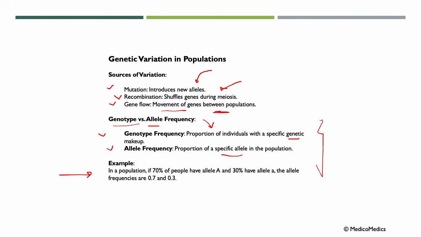An example of this could be in a population: if 70% of people have allele A, and 30% have allele a, the allele frequencies are 70% and 30%.